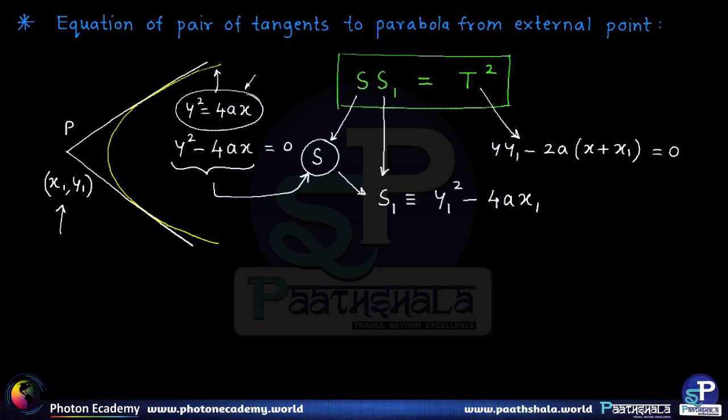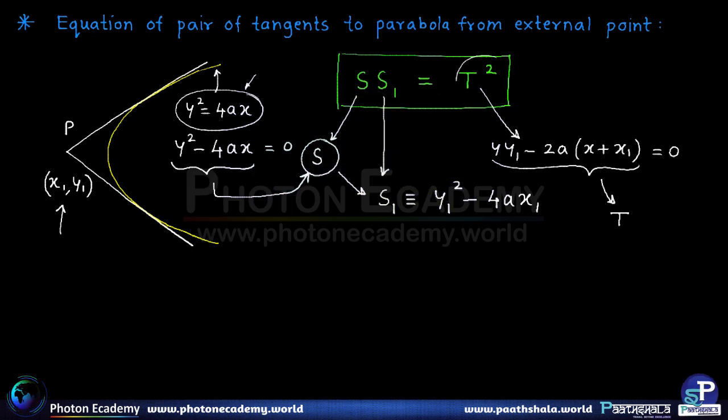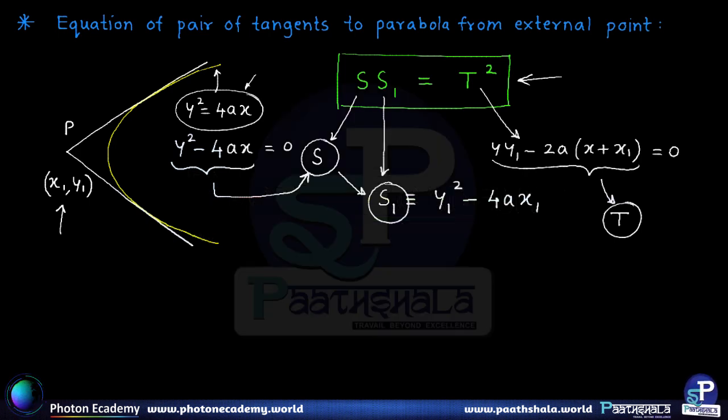So the left hand side portion is denoted by the symbol T, and we have to write T square. Once we get the expressions of S, S1 and T, we substitute them in this standard formula and then simplify, which gives us the joint equation of the pair of tangents as required.